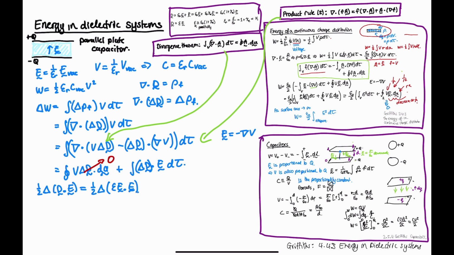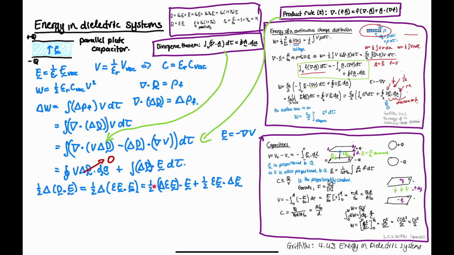And now what we'll do is we'll differentiate each of these in turn. So this is equal to a half, and we've got delta epsilon E dot E, plus a half epsilon E dot delta E. And with this term here, epsilon's just a constant.